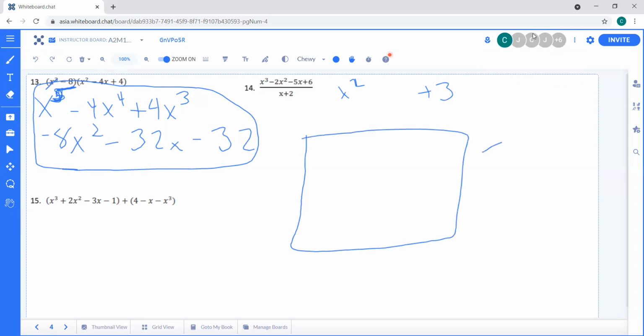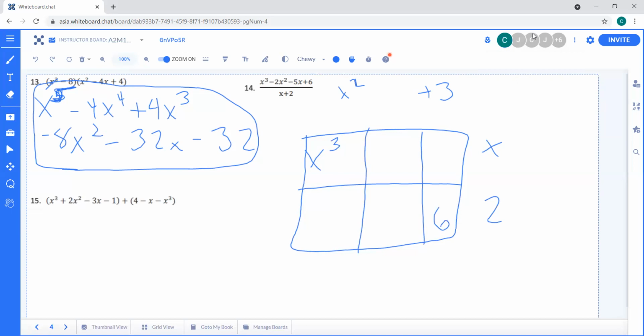Okay, x2. I know this is going to be x to the 3rd. I know this is going to be 6. Okay, so that should work.